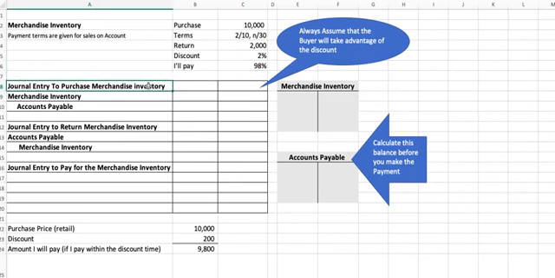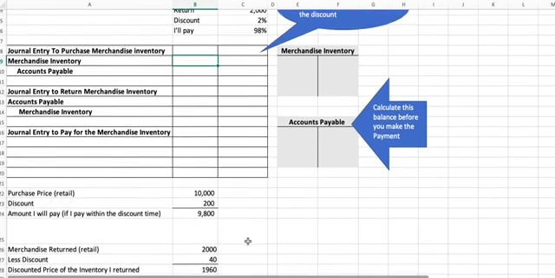So now let's make the journal entry to purchase merchandise inventory. We're going to have a debit to merchandise inventory when we buy inventory, and we'll have a credit to accounts payable. But we need to calculate the amount. So we're going to find the discounted amount of $10,000. There are a couple of different ways you can do that.